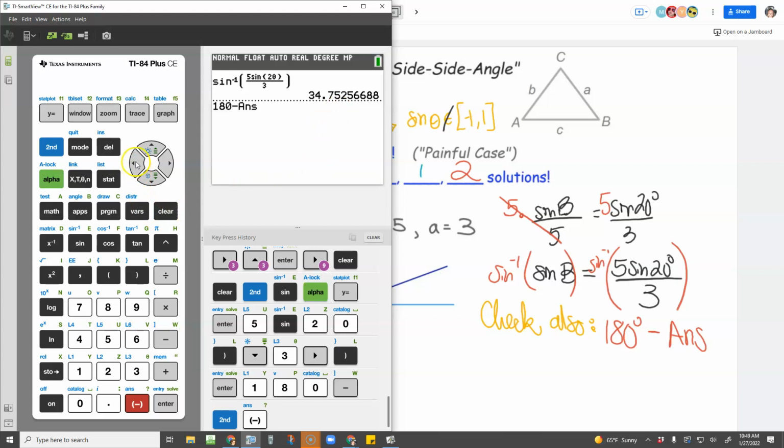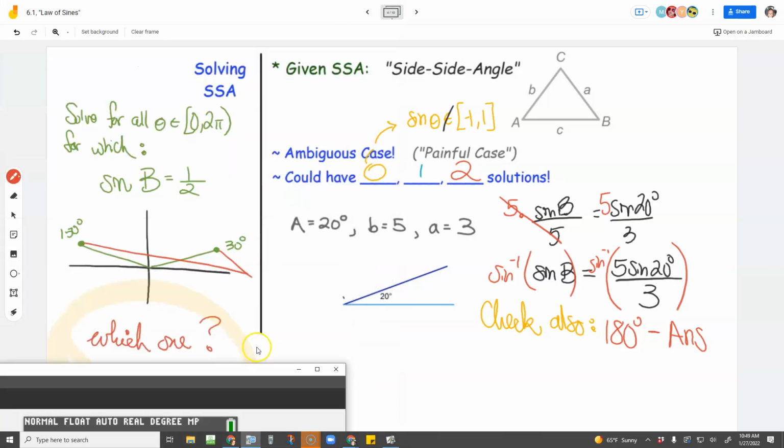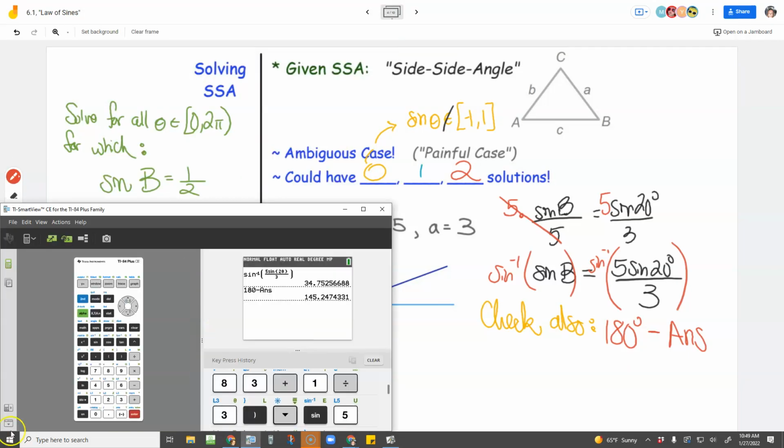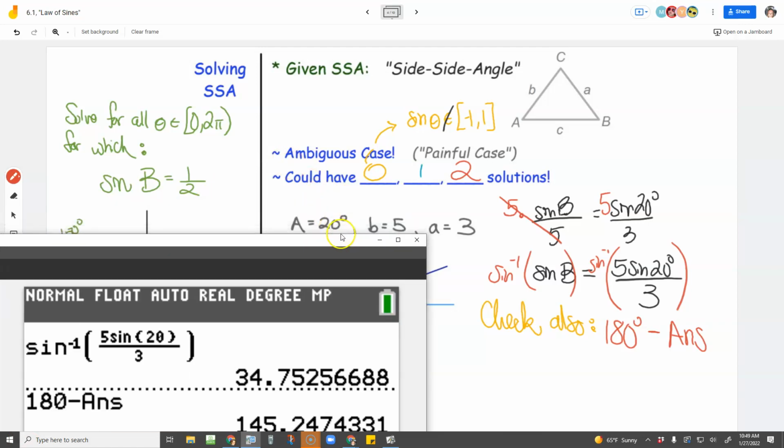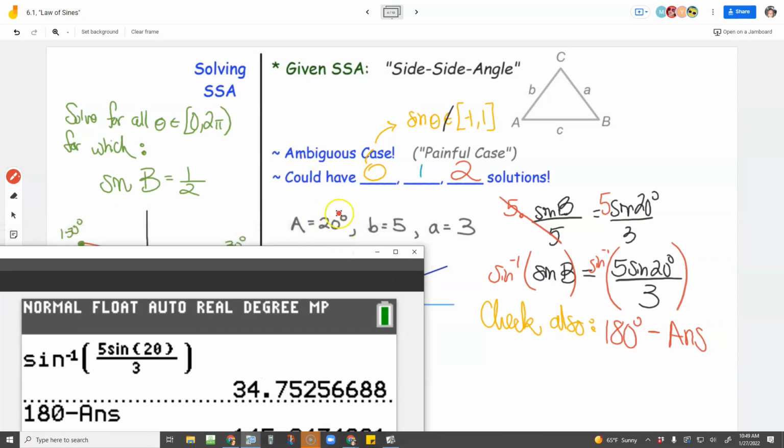Long story short, we just need to somehow check the other one. And you're like, well, isn't 180 minus a number always going to give you a number? When would that not work? It'll always work. The question is, does it make sense with the other angle?